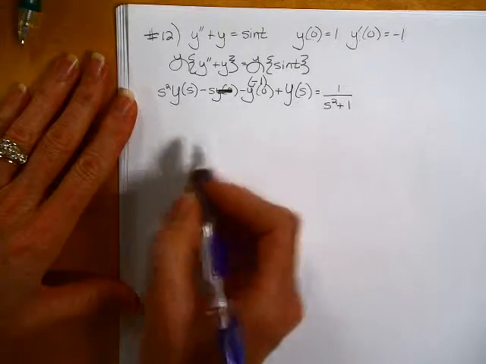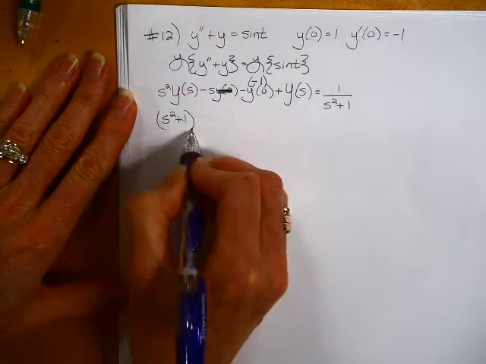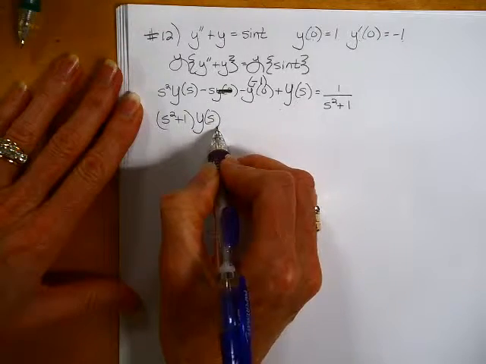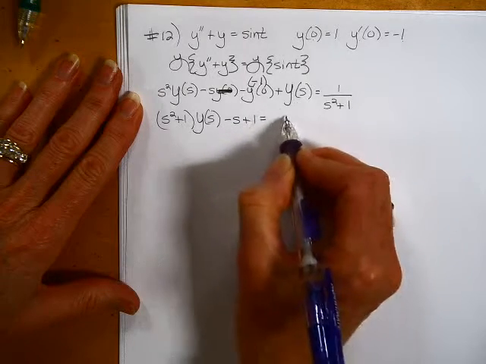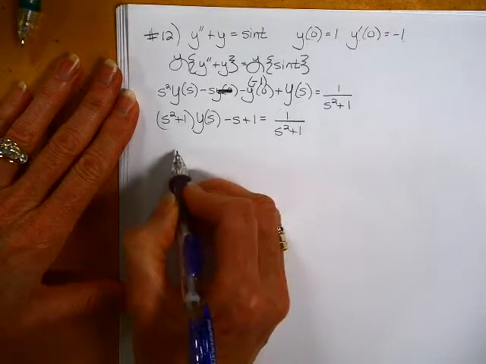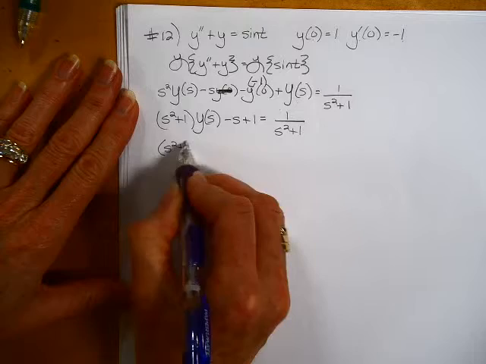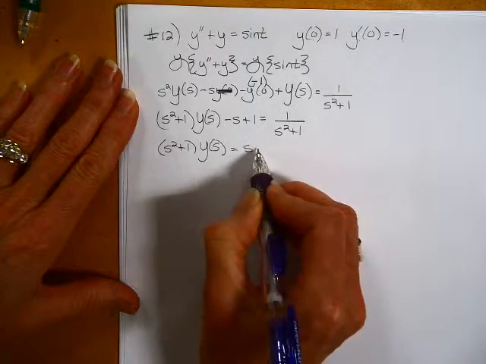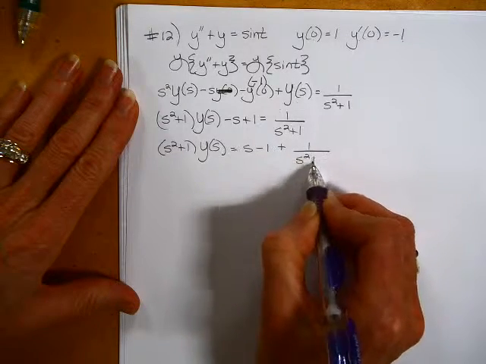So if I keep my Y of s's together, I have s squared plus 1 times Y of s minus s plus 1 is equal to 1 over s squared plus 1. When I solve everything, this is going to be s minus 1 plus 1 over s squared plus 1.